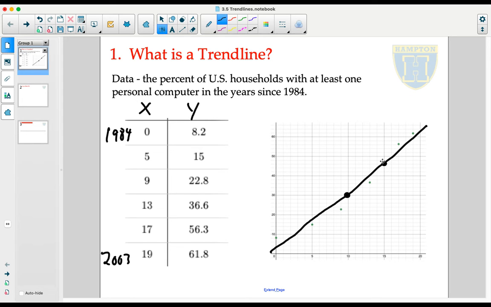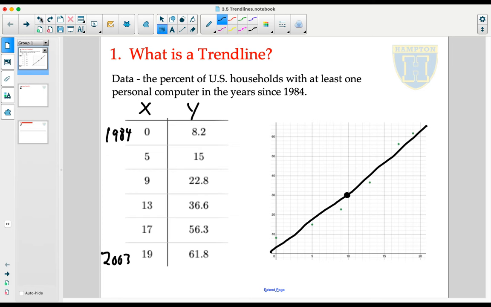Because I have those 2 points drawn specifically on my line, I could find the equation of the line that goes through those 2 points. That's not ideal. You're doing a lot of approximating in that situation. You're doing a lot of, let me see where my point is, let me subtract my y values, my x values, let me try to figure out a slope. That's not a very accurate process to use.